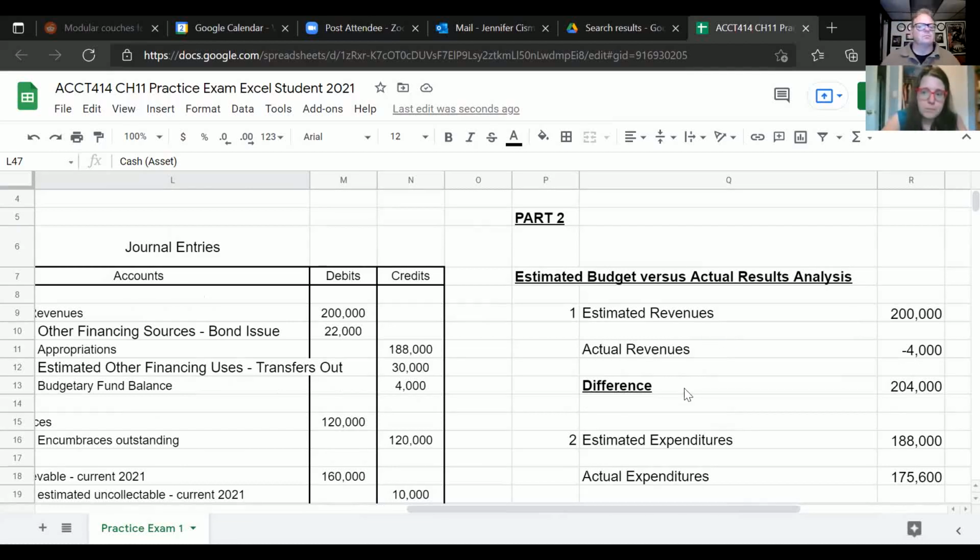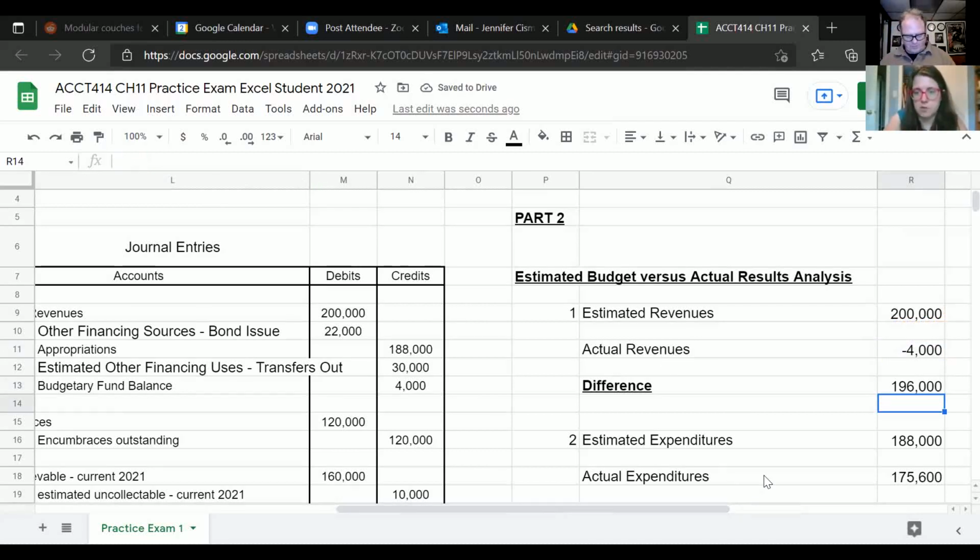So the estimated revenues was 200,000, and then the actual revenues was, what did I do? I think you reversed them. I think the actual revenues and the difference are plus.